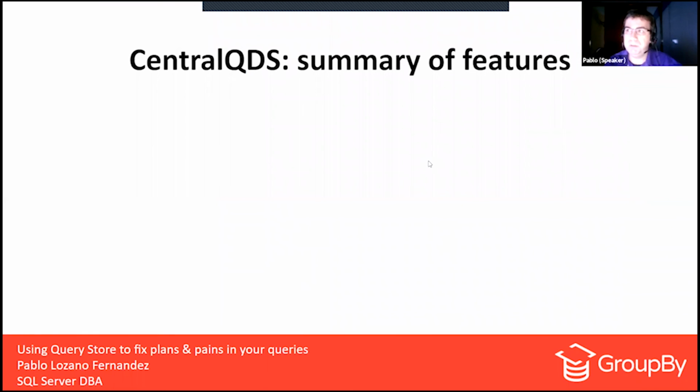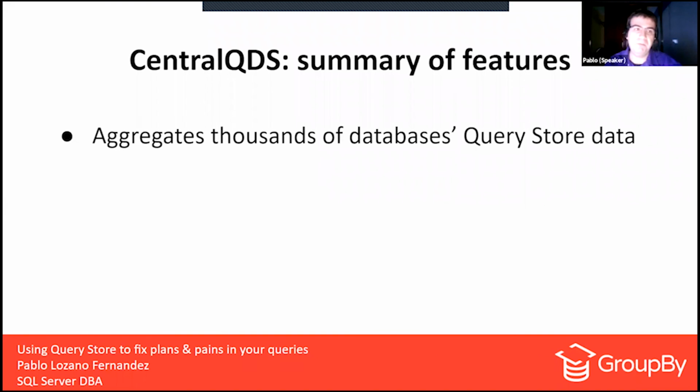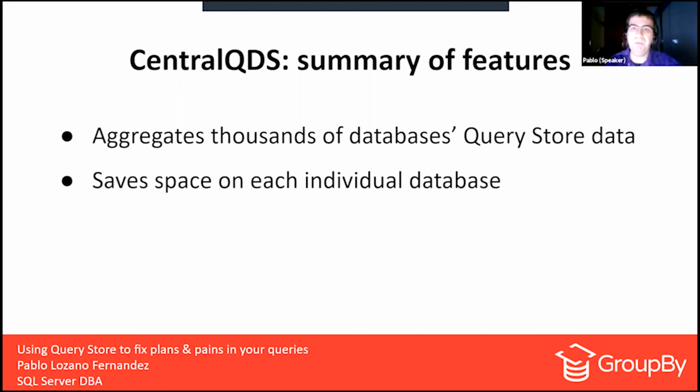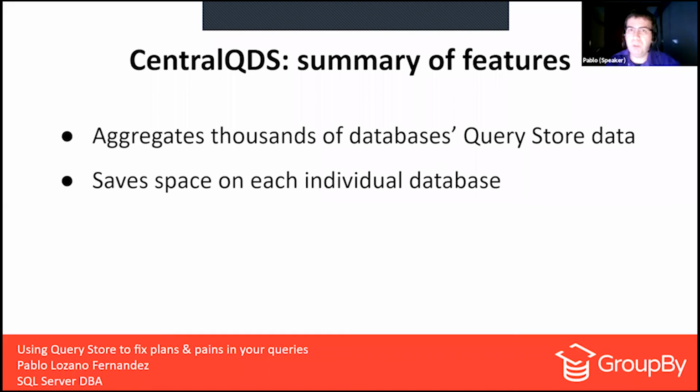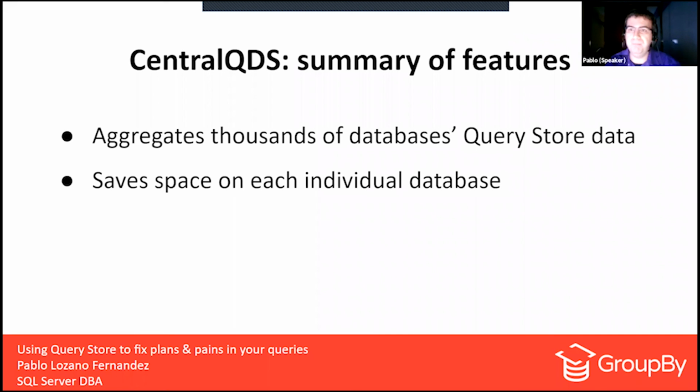So, a summary of what Central QDS has: you have all the information from each of your databases in a single place. You no longer need to keep Query Store data for the last year on each database. I recently read a post from Erin Stellato talking about one client that had 100 gigabytes of Query Store information on one particular database.